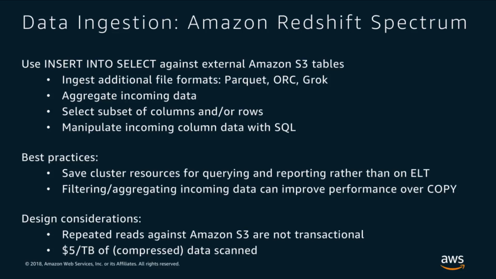So this can allow you to do aggregates while you're moving the data off of S3. You can potentially filter data, select a subset of columns, and essentially manipulate the data in any way that you can with SQL.